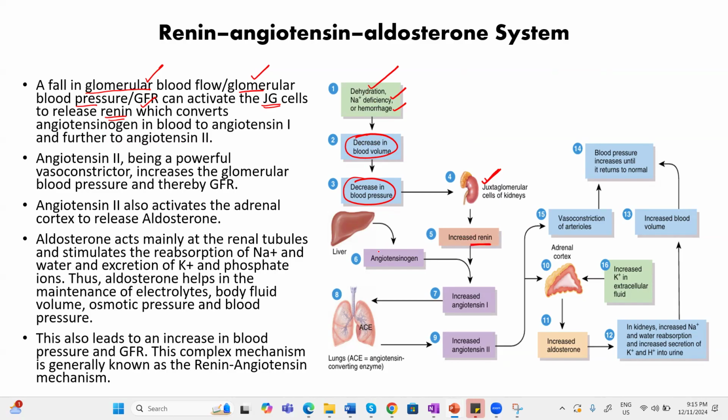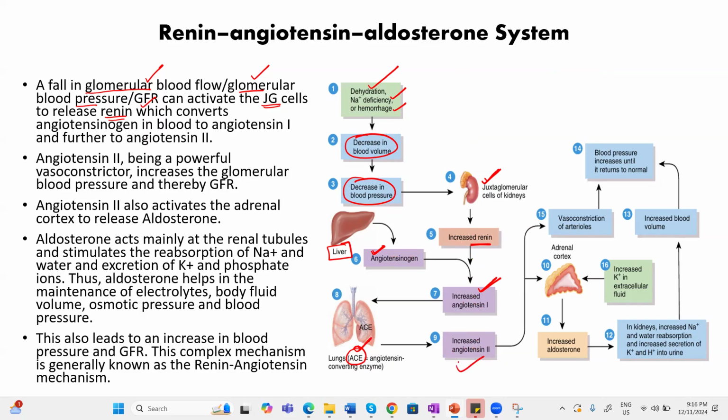Now, renin will convert angiotensinogen, which is coming from the liver, into angiotensin 1. Please analyze the diagram. Now, angiotensin 1 will be converted to angiotensin 2 with the help of the enzyme ACE, which is coming from the lungs, angiotensin converting enzyme.